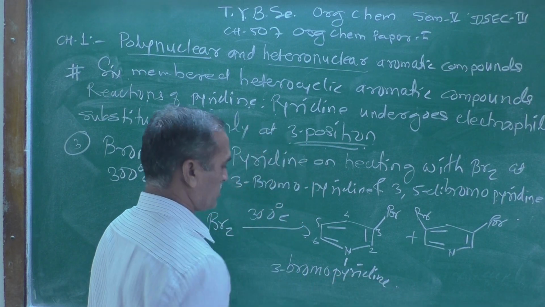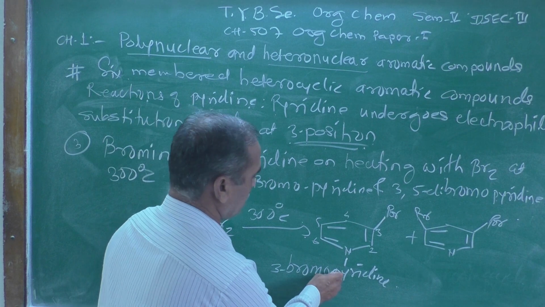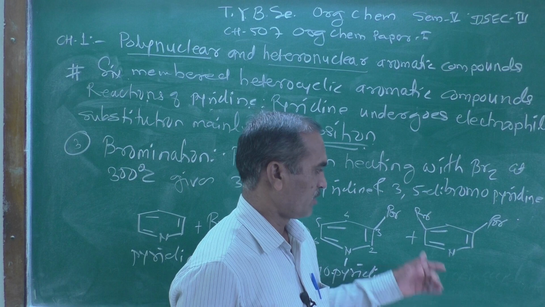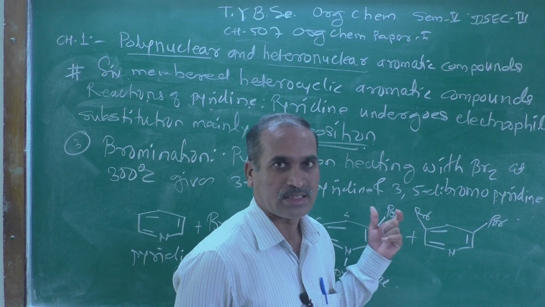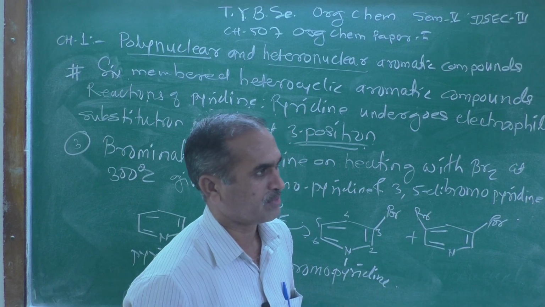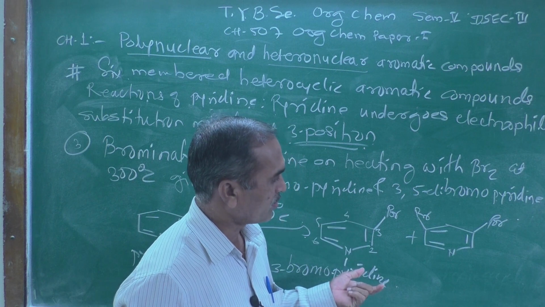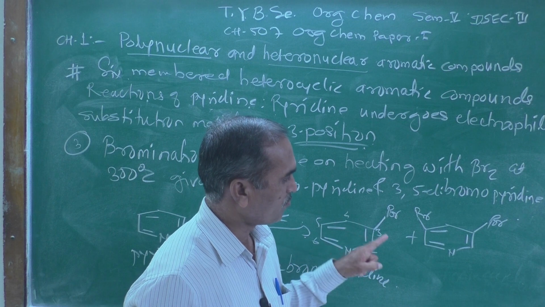That is the IUPAC name of this compound, 3-bromopyridine. Now observe the second structure carefully. What do you observe there?